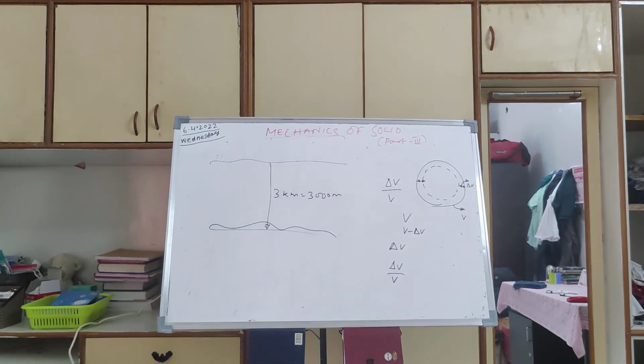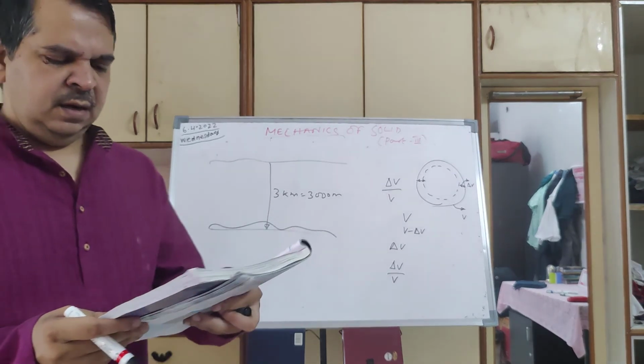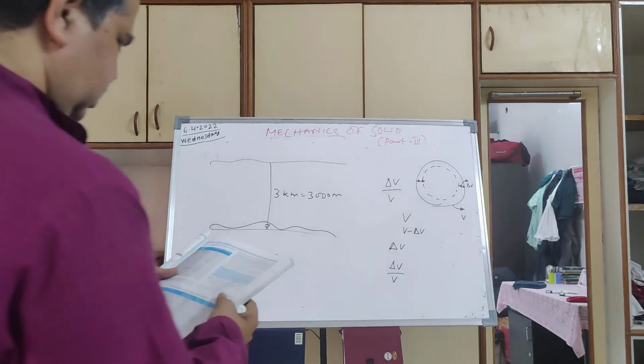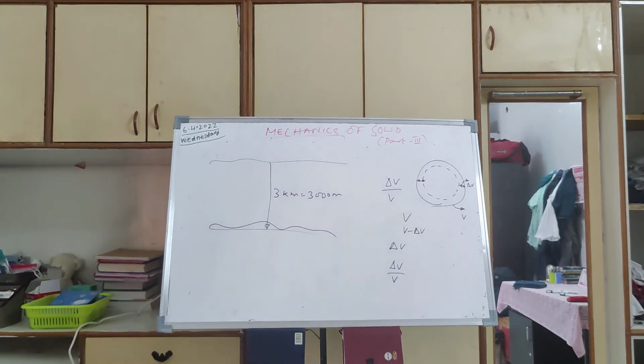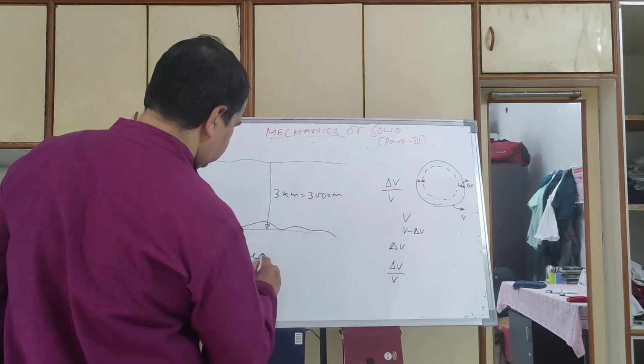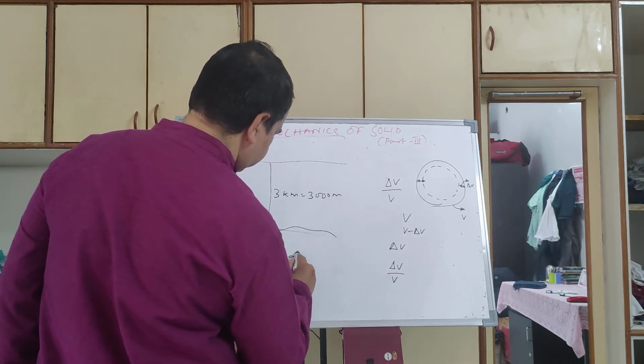The question is, calculate the fractional compression delta V by V of water at the bottom of the ocean, given the bulk modulus of water. You need to know the bulk modulus of water.